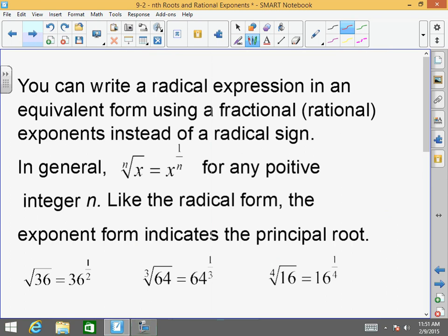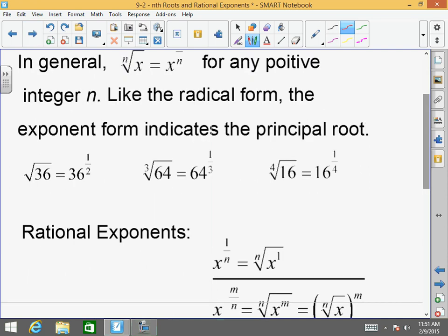Now, you can write a radical expression in an equivalent form using a fractional or rational exponent instead of a radical sign. In general, the nth root of x equals x to the 1 over n for any positive integer n. Like the radical form, the exponent form indicates the principal root.